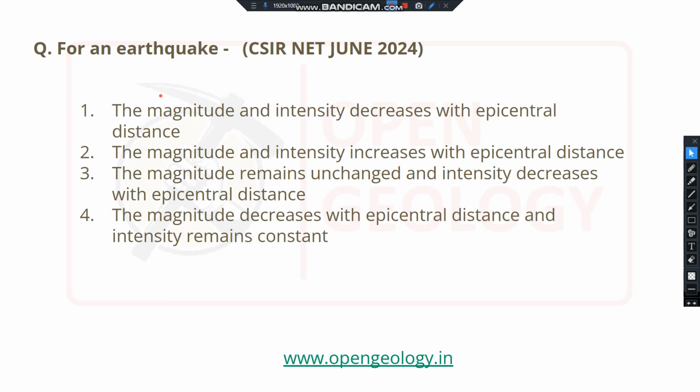For an earthquake, it is asking about the magnitude and intensity, and how they change from the epicenter. So what is magnitude? Magnitude is the amount of energy that is released during an earthquake, while intensity is the ground motion.